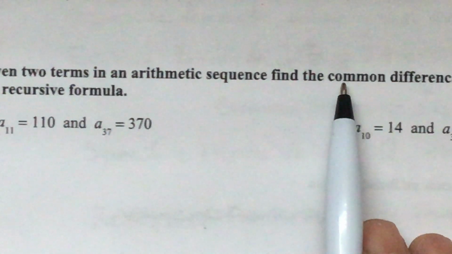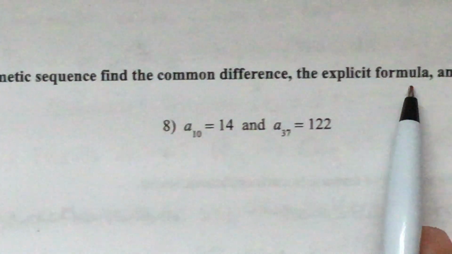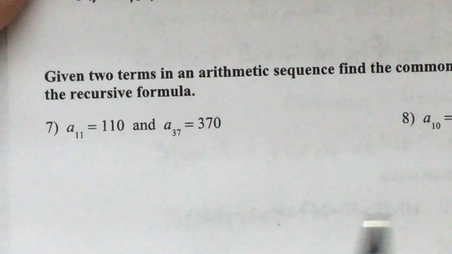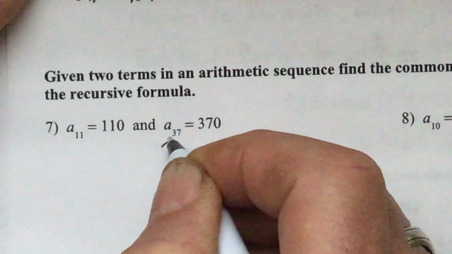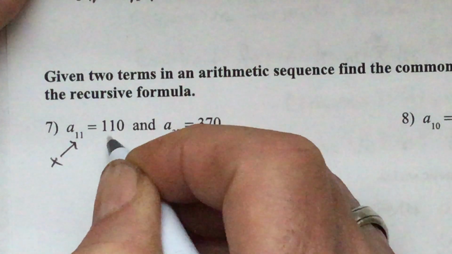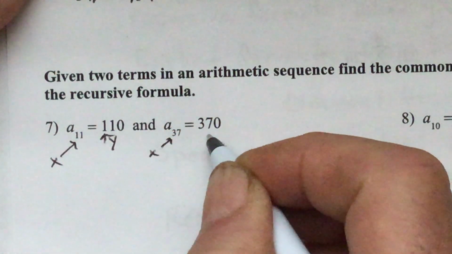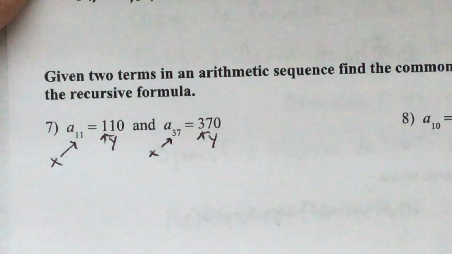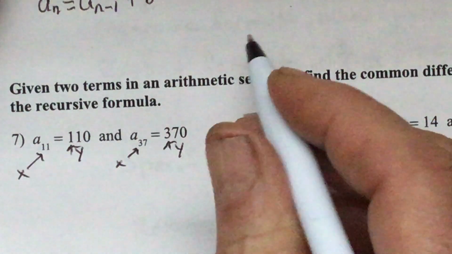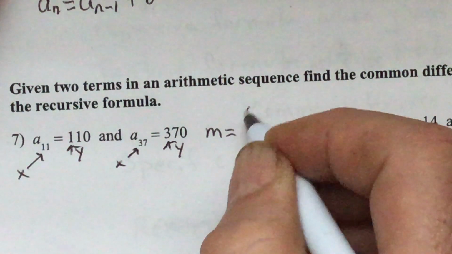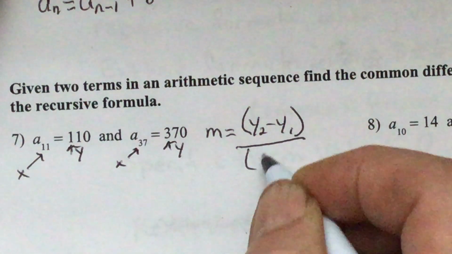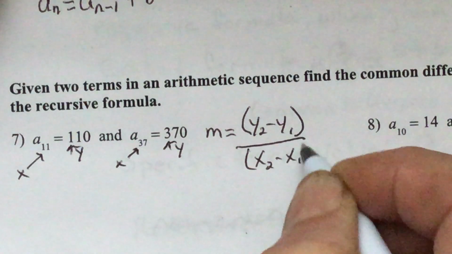Given two terms in an arithmetic sequence, find the common difference, the explicit formula, and the recursive formula. This is like slope. Here are your x's and here are your y's. Remember, slope equals y2 minus y1 over x2 minus x1.